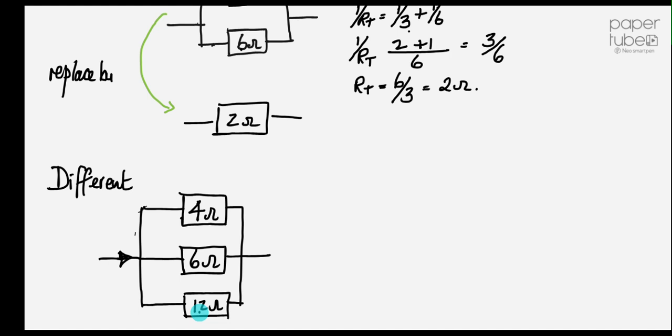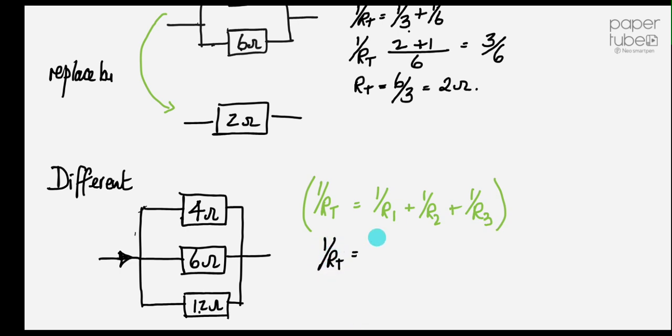Now, mark for the equation. 1 over R total is equal to 1 over R1 plus 1 over R2 plus 1 over R3. Now, let's fill in what we know. 1 over 4 plus 1 over 6 plus 1 over 12.